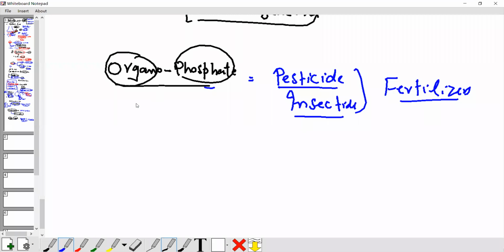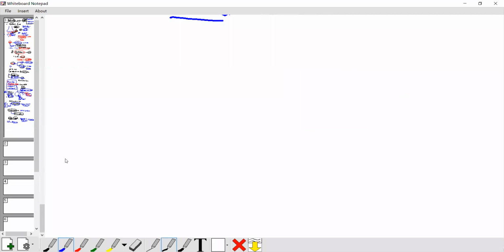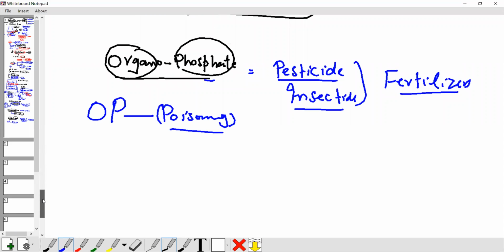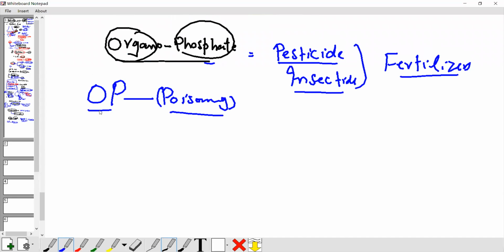So if organophosphate enters the body, it's known as OP, organophosphate poisoning. What happens inside your body? It's a toxin, it's not good for the body.